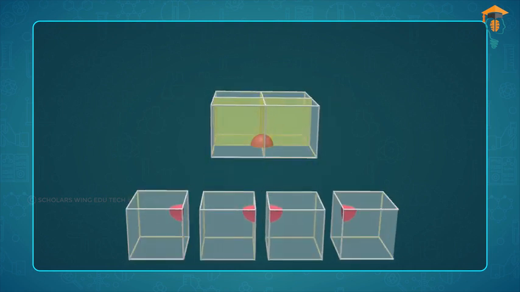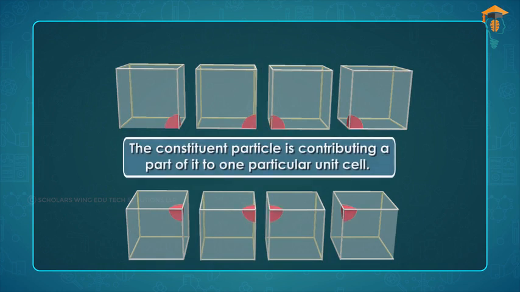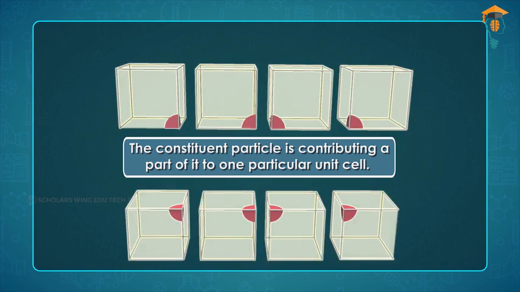Instead, only a small portion of it or a fraction of it in fact belongs to that particular unit cell. In other words, guys, this constituent particle at a particular lattice point is actually contributing a part of it to one particular unit cell because it is shared by so many neighboring unit cells as we can see here.